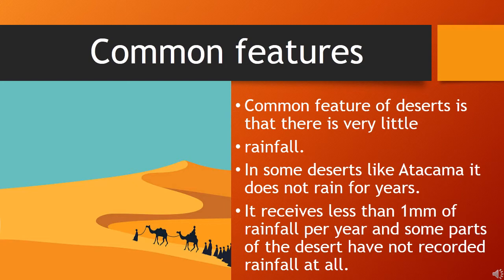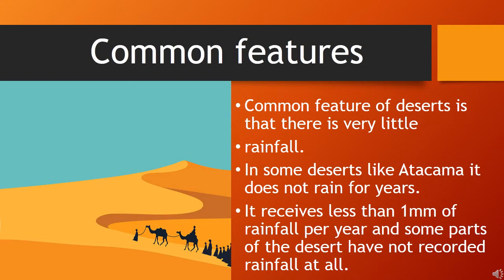The common feature of desert is that there is very little rainfall. In some deserts like Atacama, it does not rain for years, or rather I can say that in some parts of Atacama there is no rainfall recorded till date.